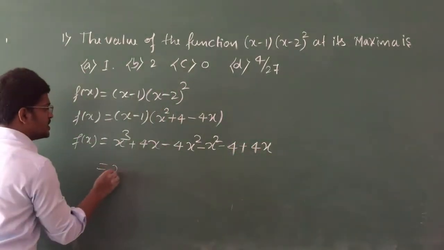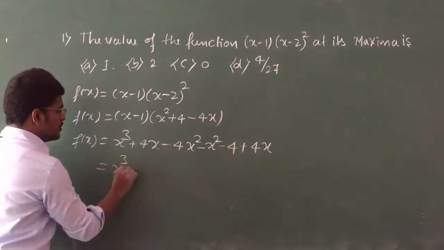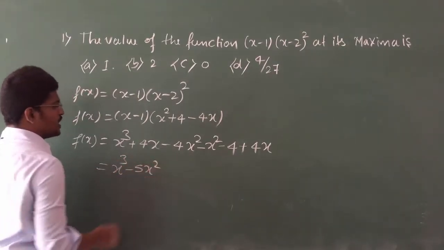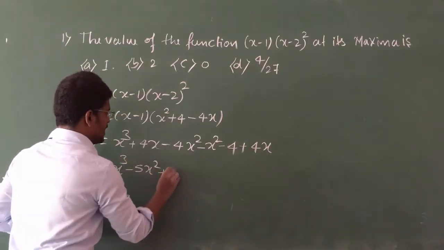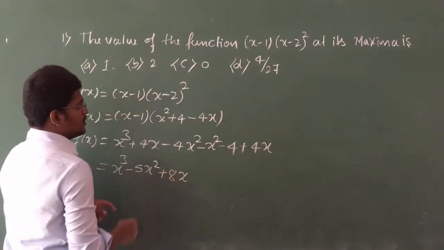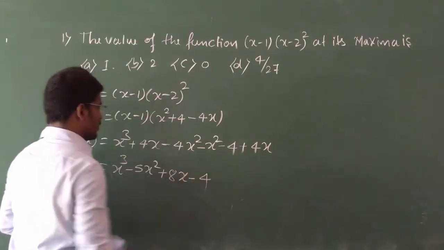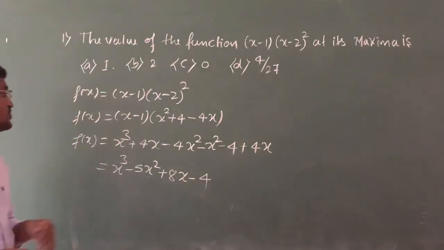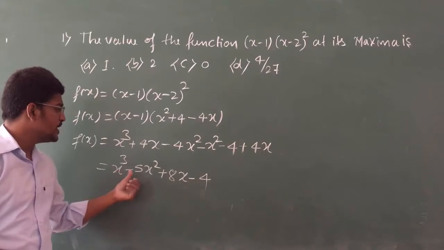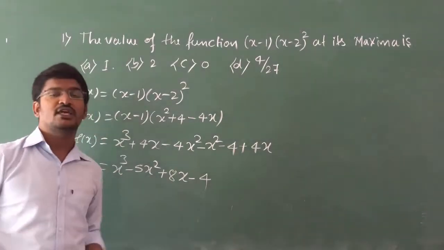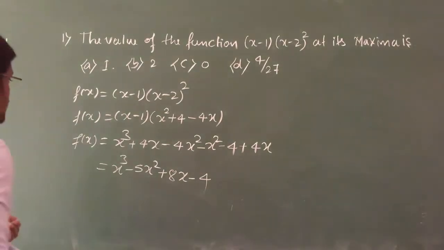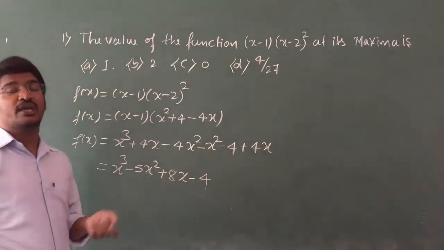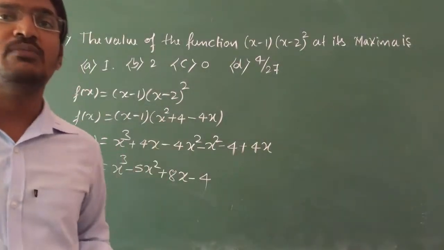If I calculate this, x cube minus 5x square plus 8x minus 4. Clear? So from this, now you can calculate maximum and minimum.